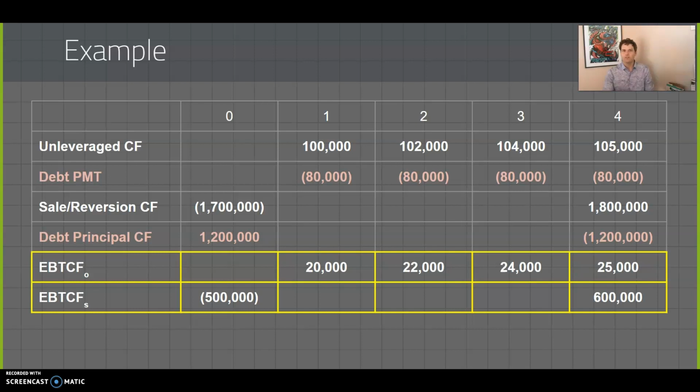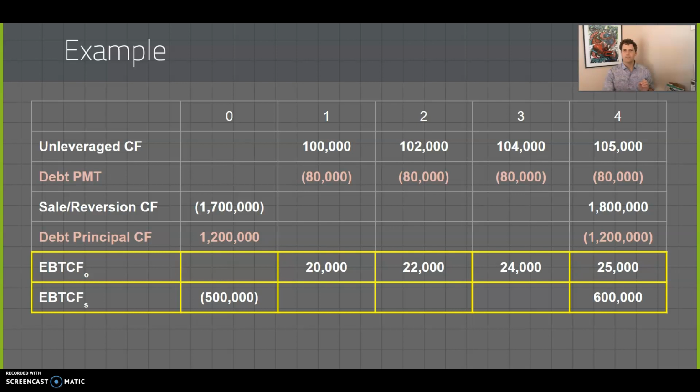In this case, we have an interest-only loan of 6.67% for a $1.2 million loan. In the purchase period, year 0 today, I bought this asset for $1.7 million, and my lender lent me $1.2 million. So a negative cash flow of $1.7 million, and a positive cash flow because I'm receiving money as the investor of $1.2 million, meaning my net equity position in the asset is a $500,000 investment.